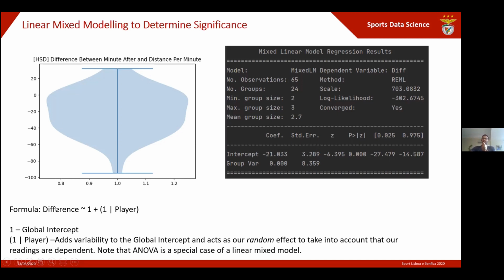It's effectively saying that we're going to create a relationship between the difference in the 1 minute after a sequence of peak intensity and the distance per minute, to its global coefficient, which is -21. I'll show you where we get this from. We're going to account for the variance in differences between players, because we know the data is not independent.